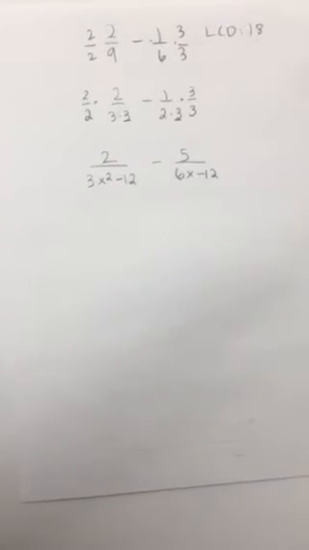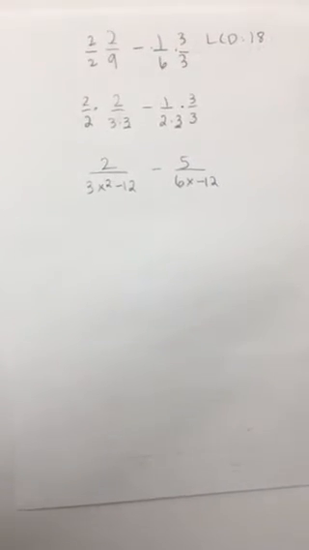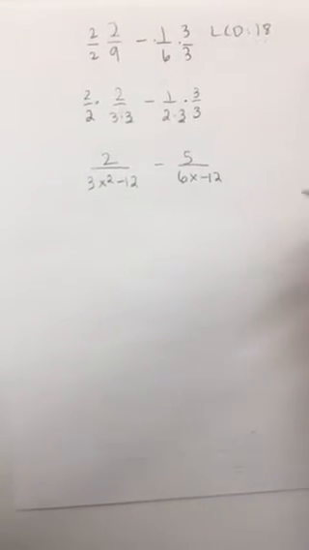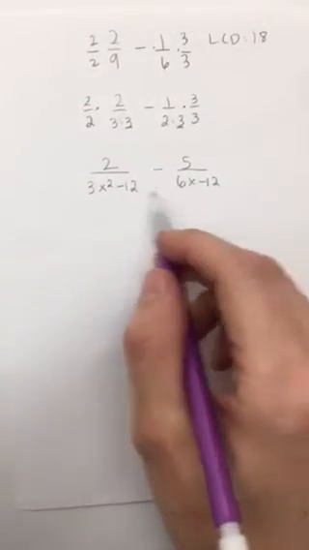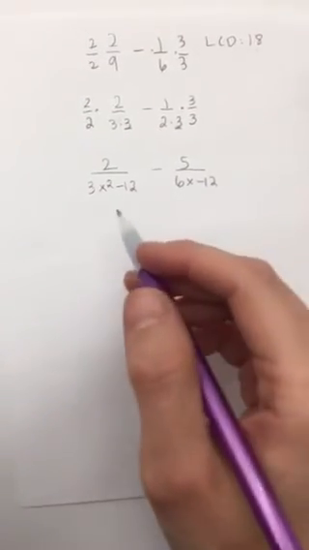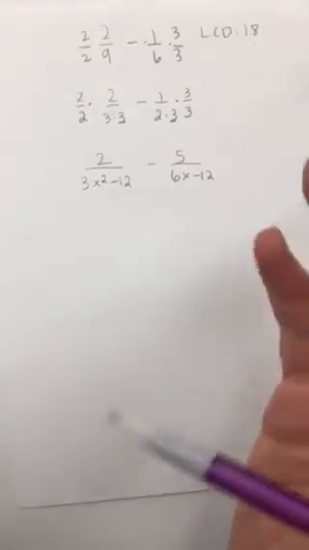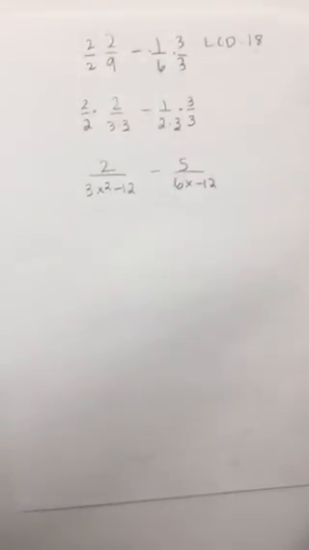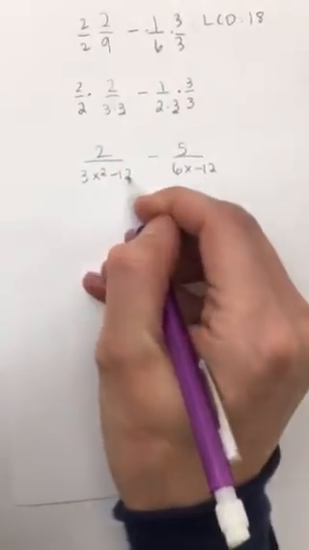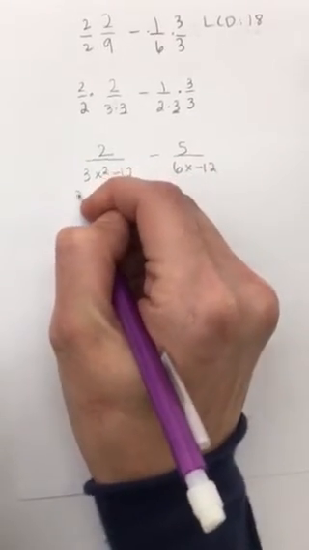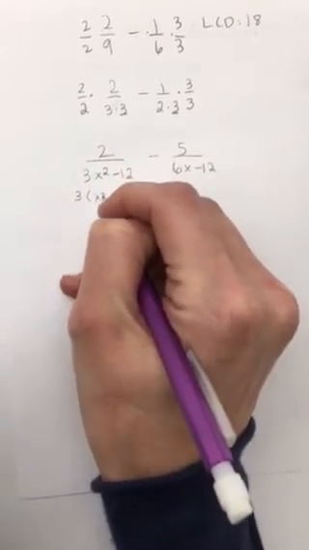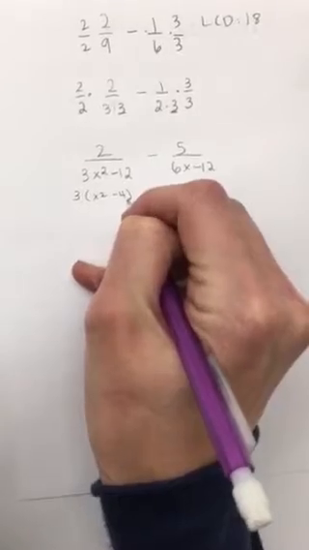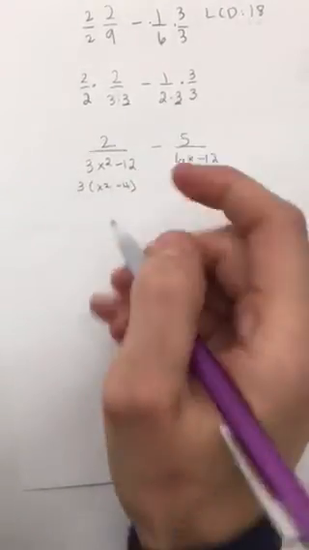So similar, not completely the same. So the idea is that you want to break down your denominators into their factored parts. So 3x squared minus 12 could be factored into 3 parentheses x squared minus 4. And then I could go another round on that, couldn't I?